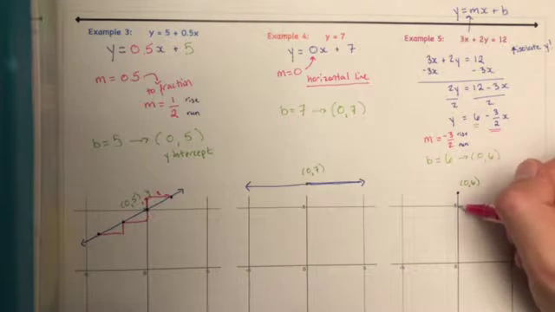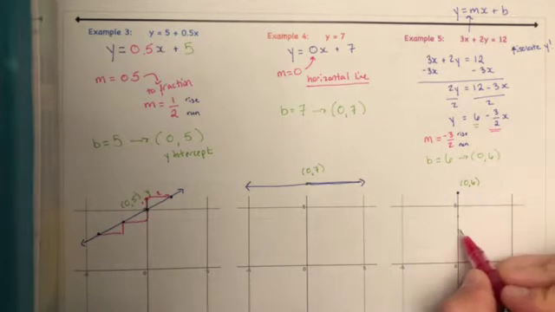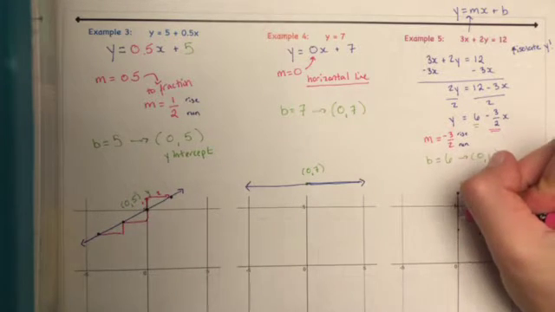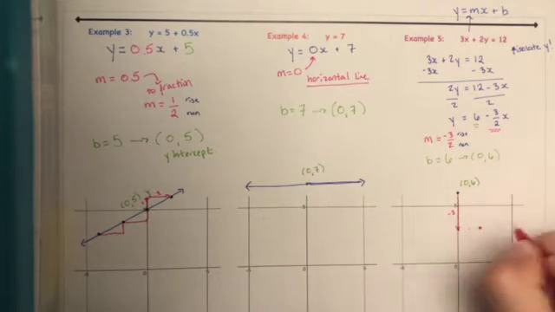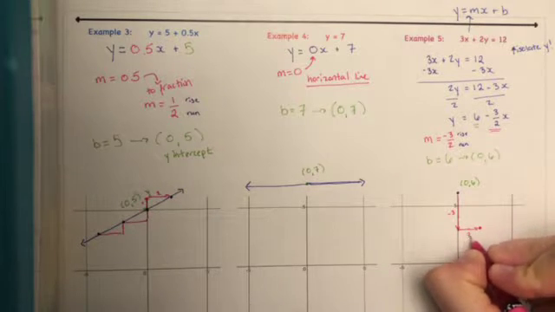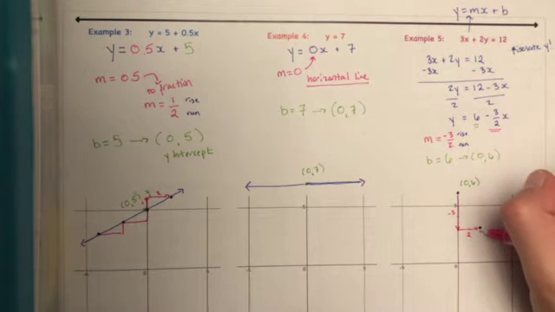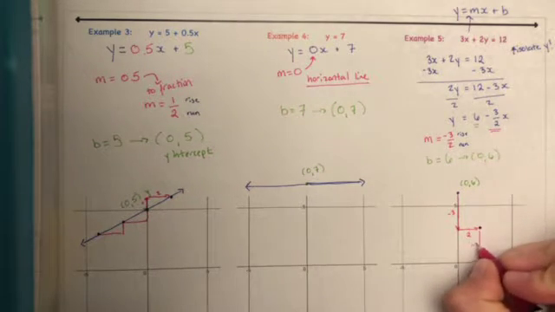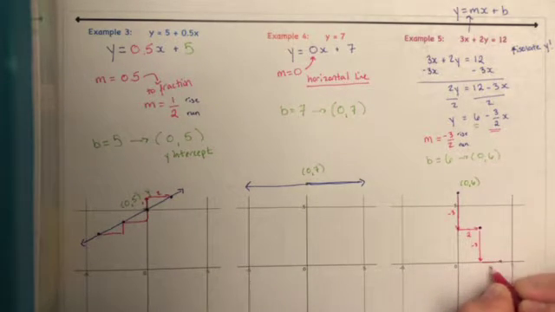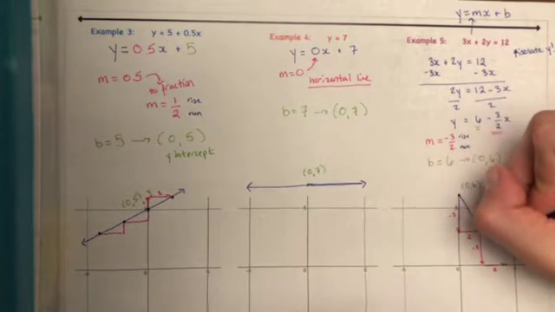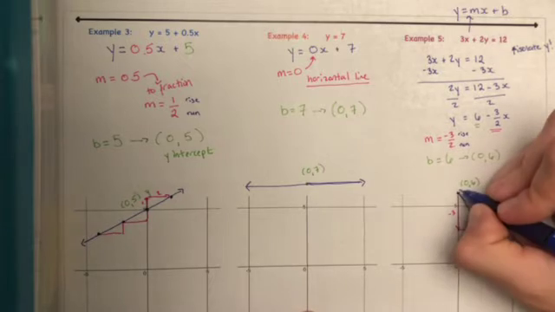So I'm actually going down 3 and then running 2. 1, 2. So this is my next point. We'll go down 3 and over 2. I'll do the same thing again to help me get to my next point. Down 3 and over 2. And I can now see my line.